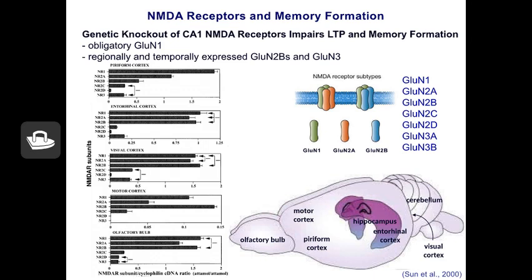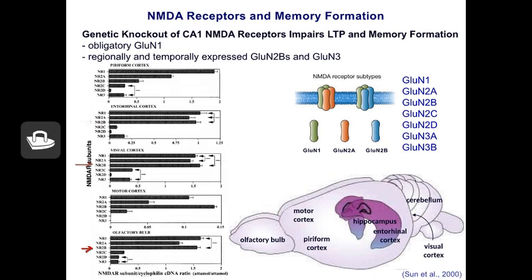So you can see on the graphs at the left that the GluN2B subunit, for example, is abundantly expressed in entorhinal cortex that overlies the hippocampus, as well as visual cortex, and olfactory bulb.